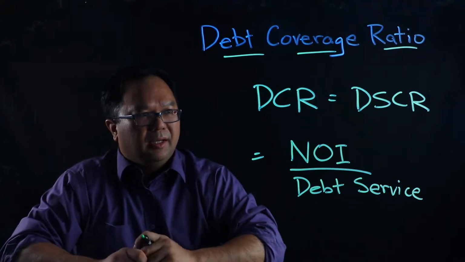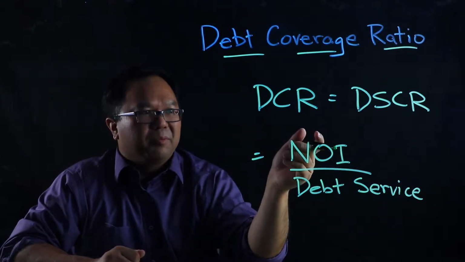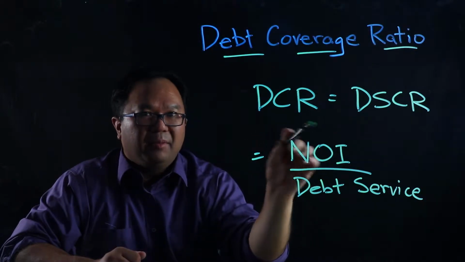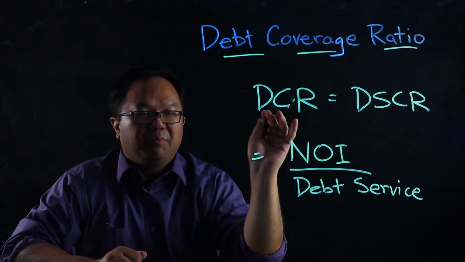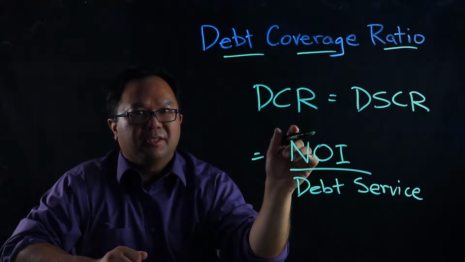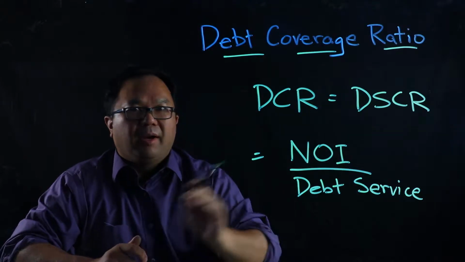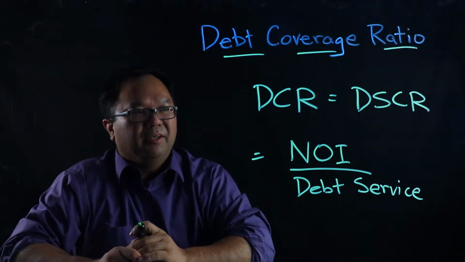So you can see, based on this formula, you want the net operating income of the property, which we're going to go over in just a second. You're going to want that amount to be higher than the debt service. Therefore, the property itself covers the cost of the loan. So we'll go right into a little more detail into this and into an example for it.